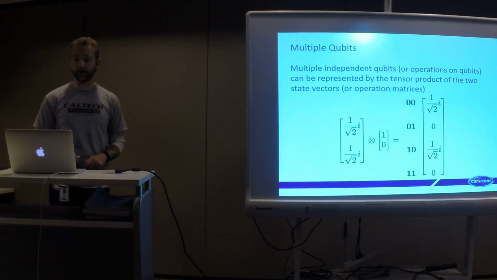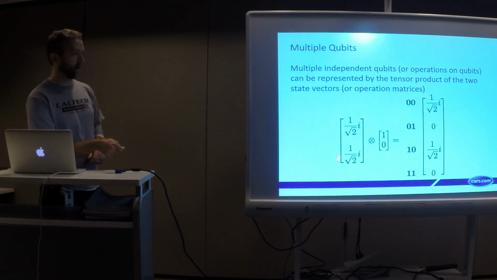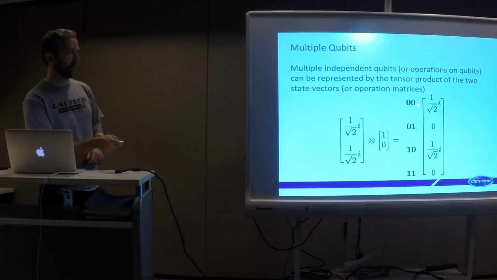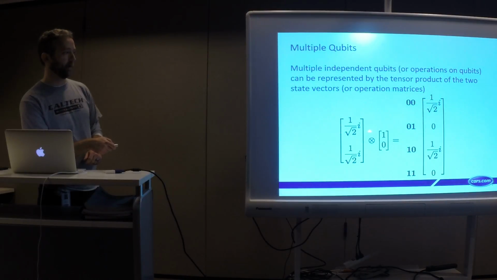If this represents the first bit and this represents the second bit, then the amplitude of 2 zeros is going to be specifically this value because this one's always a 0. And the chance of having a 0, 1 is 0 because this one will never be 1. And likewise for these 2.